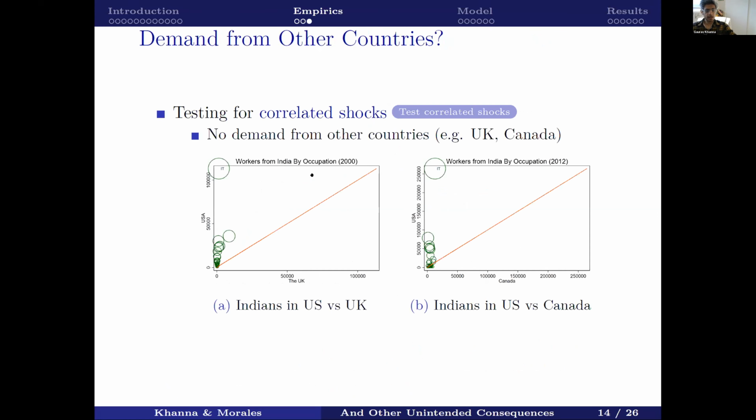Well, to be honest, this is the number of workers going from India to different countries. If you look at the US, the IT sector in the US really swamps anything else you'd see, for instance, in the UK or in Canada. In fact, the largest flow of Indians to the UK was actually not in IT, but in the medical profession. There were physicians going to the UK.